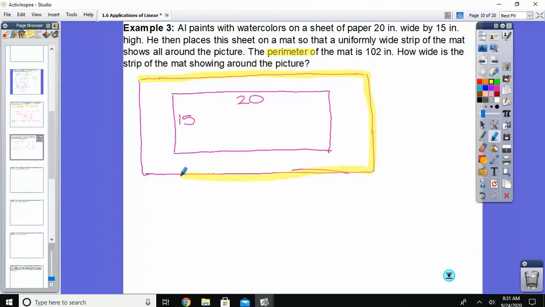I know that, so we just need to get some labels for those sides. How wide is the strip of mat showing around the picture? So I am trying to find this amount right here. And we said it was uniform, so all of those are the same. They're all X.